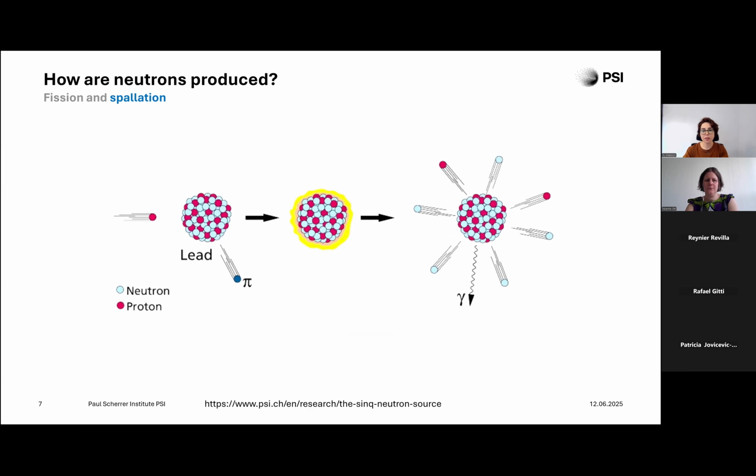To shed excess energy, this compound state then evaporates many more neutrons and even some protons in a rapid burst, and the hot remnant also emits gamma rays and settles into a lighter, more stable nucleus.